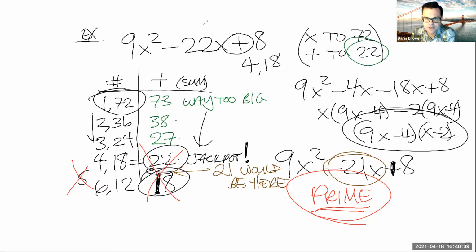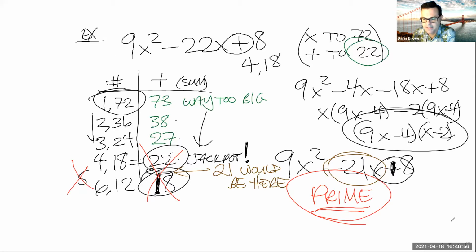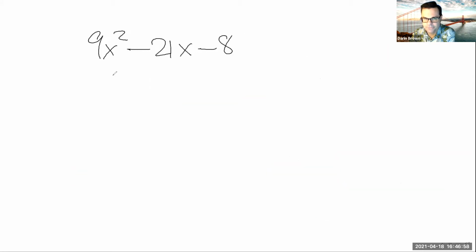Now you have to be super careful here, because if it was 9x squared minus 21x minus 8, okay, so now I'm changing the last term. This one's positive, now it's negative. Now I'm looking for two numbers that multiply to 72, but I'm looking at their difference.